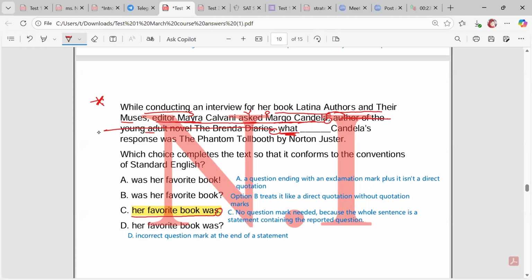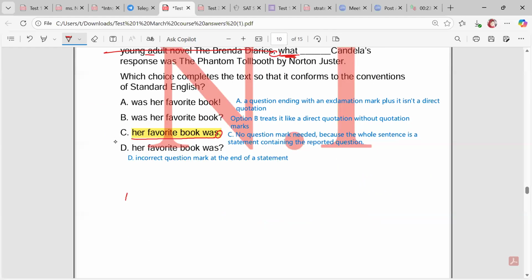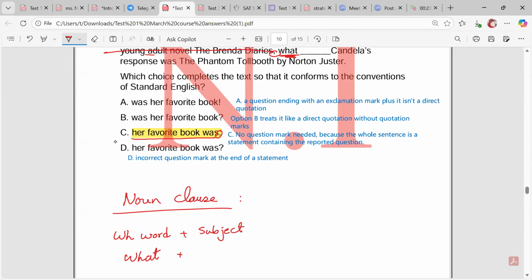Okay, so the noun clause, guys, this is the structure of the noun clause. WH word, like here we have what, plus the subject, we have her favorite book, plus the verb, we have here was, plus the period.